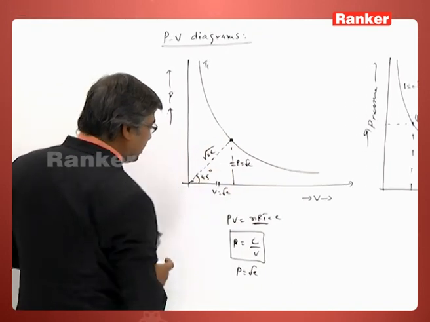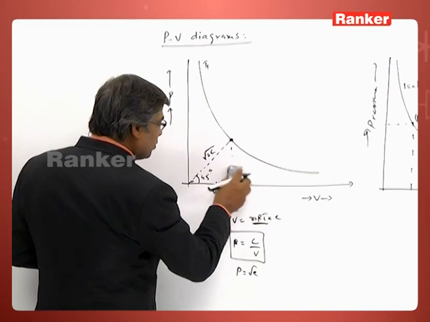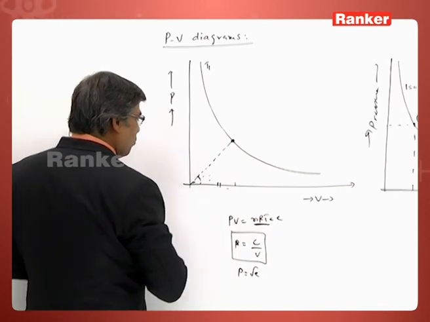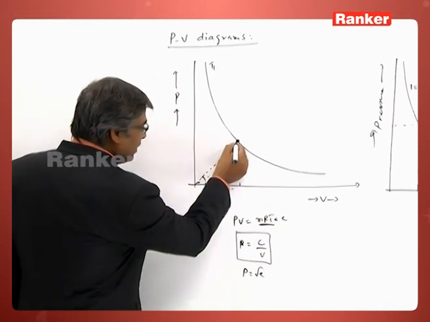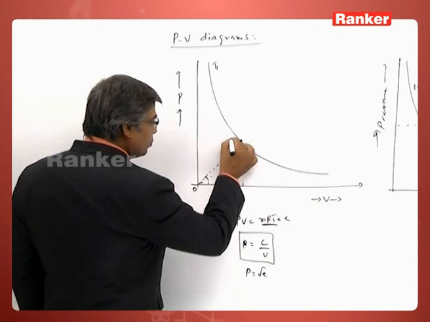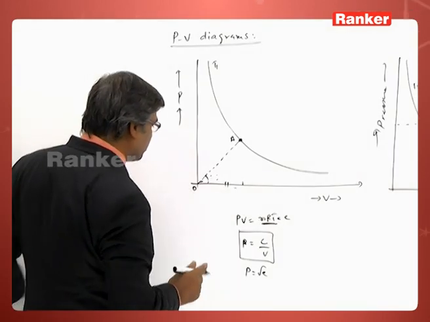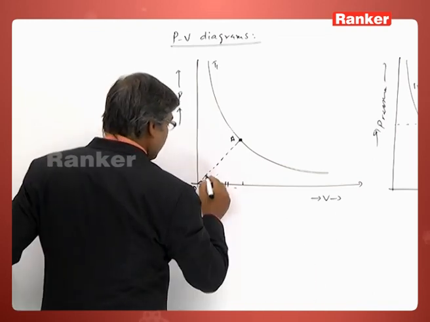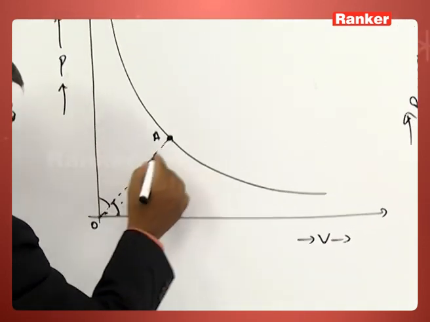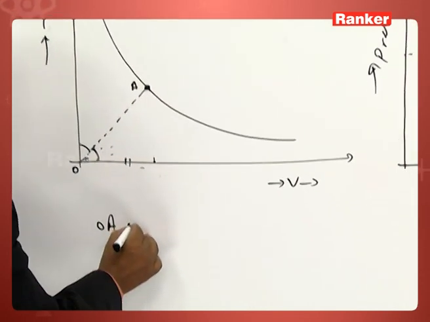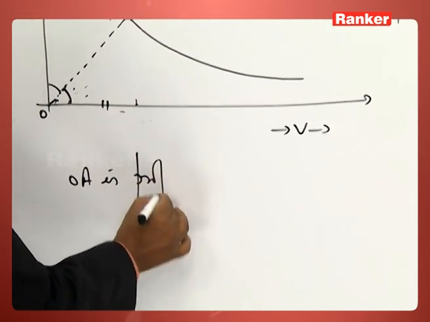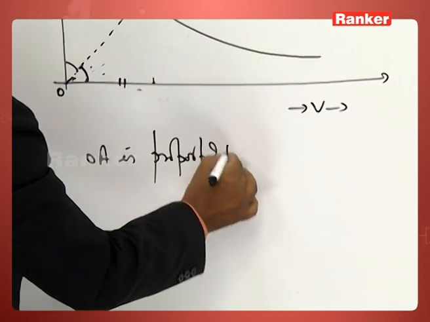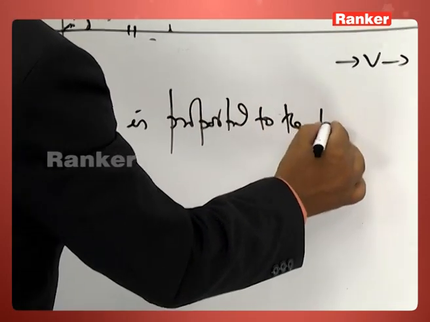So let us be clean here. What we got, this quantity, suppose O to A, so you see this quantity OA is proportional to the temperature.